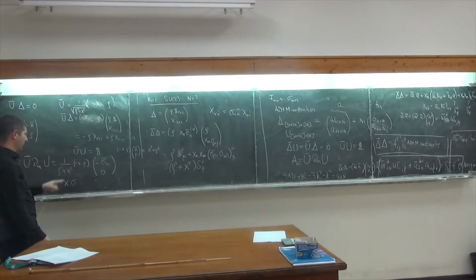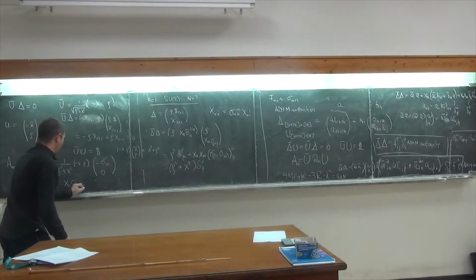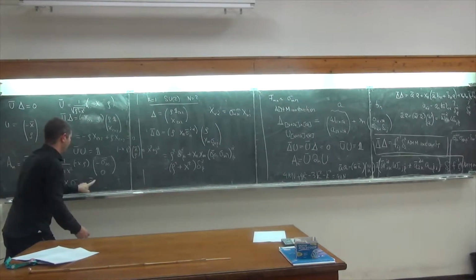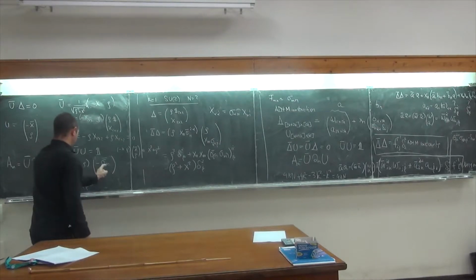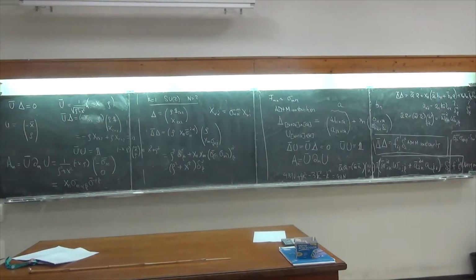Let's write down the components. x_n sigma_m alpha beta dot sigma bar beta dot is sigma_n.